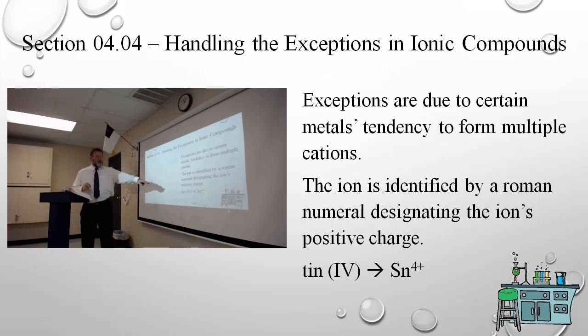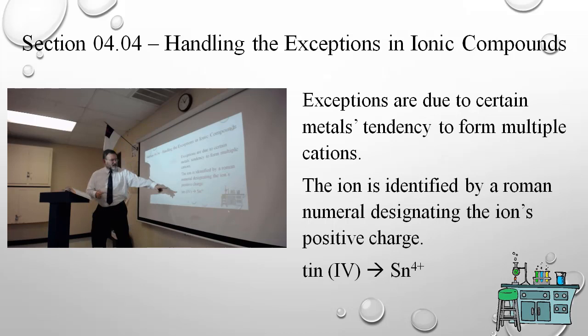For example, tin rhymes with sin. That's how you remember SN is the chemical symbol for tin. But if I tell you that you have an ion of tin 4, you're like, tin 4? What? Tin 4.